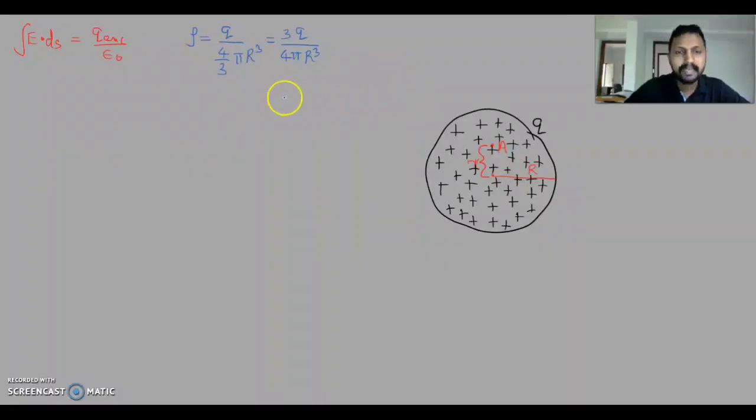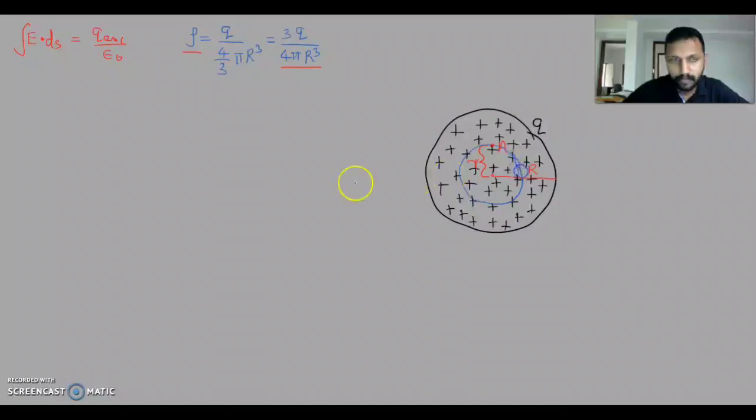The advantage of volume charge density is that we could find out the charge in any volume with its help. For example, in our current circumstance, we have to find out the charge accumulated on the smaller radius portion.